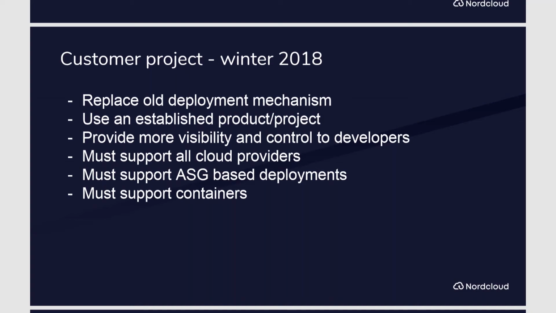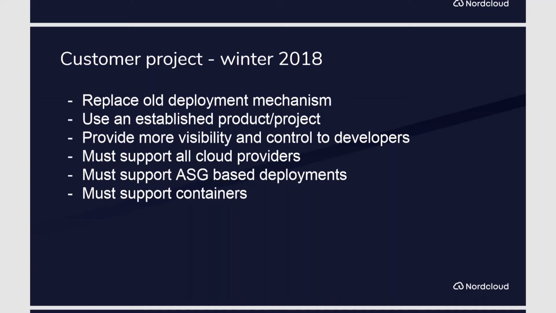And this was a huge driver for the customer, and this is what they decided to go forward with. And yeah, the goal was to provide more visibility and control to the developers.